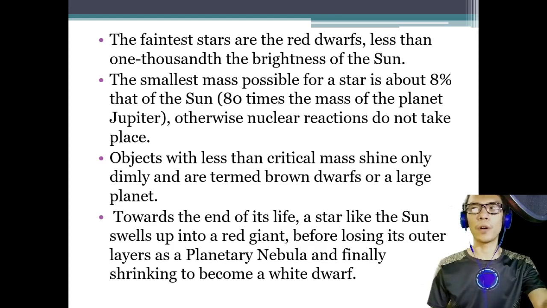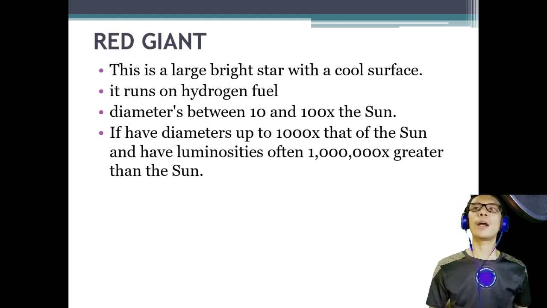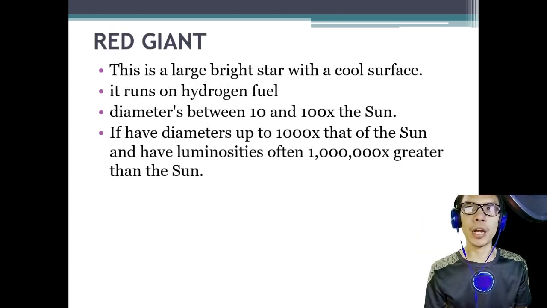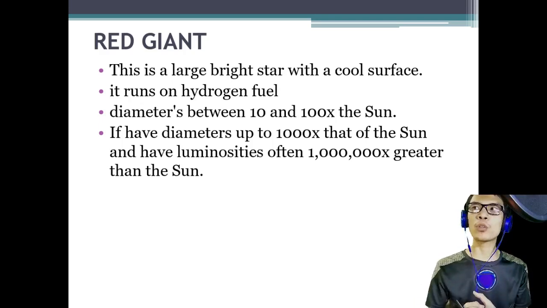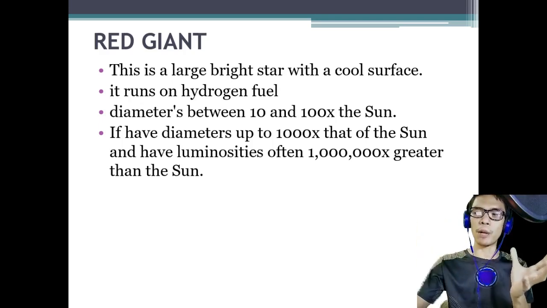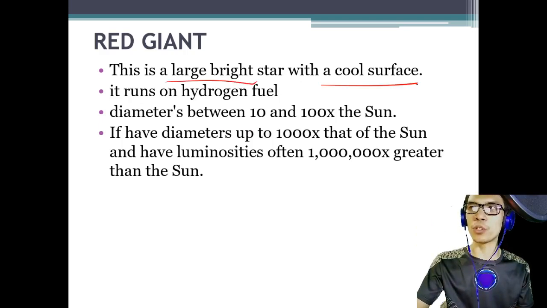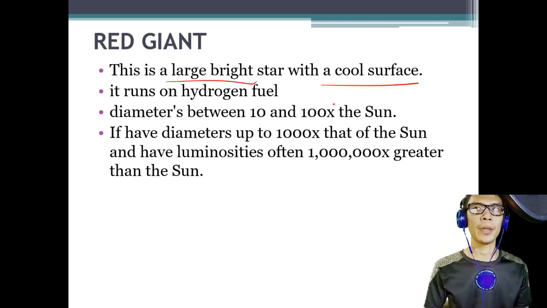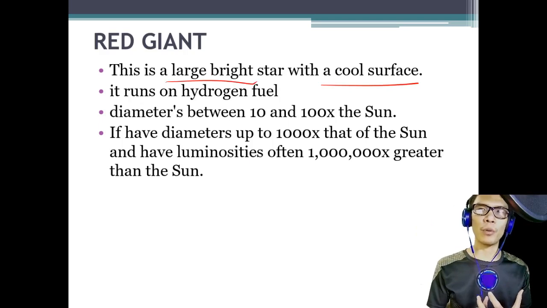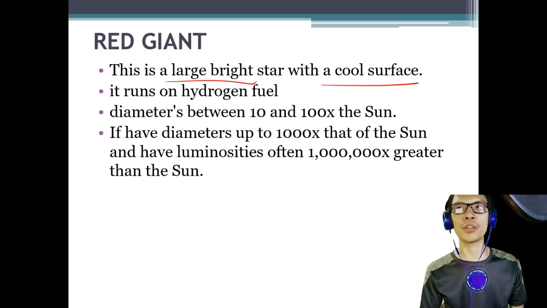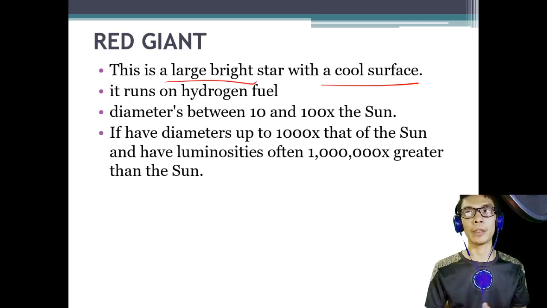So we have the red giant. These are large, bright stars with a cool surface. When a star runs out of its hydrogen fuel, it becomes a red giant.